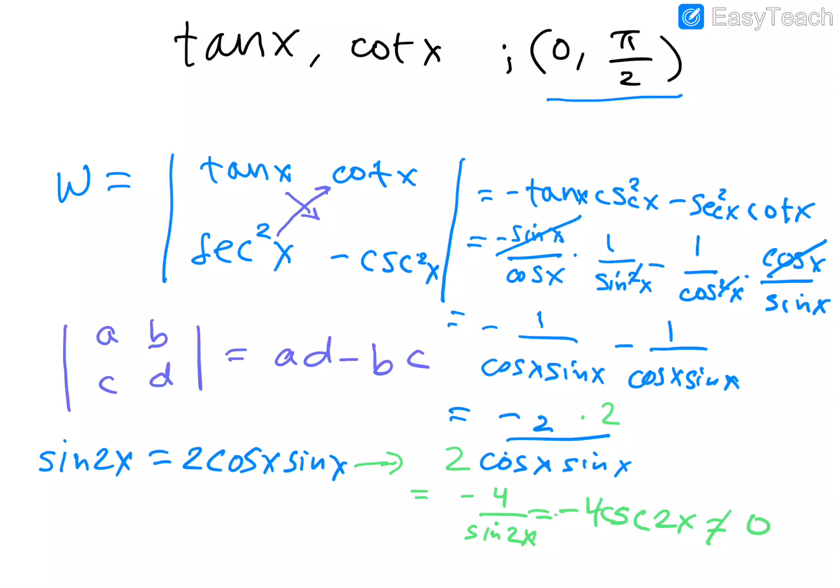So then we can say that it is linearly independent because it does not equal 0. And that's basically how you'd determine if something was linearly independent or dependent.